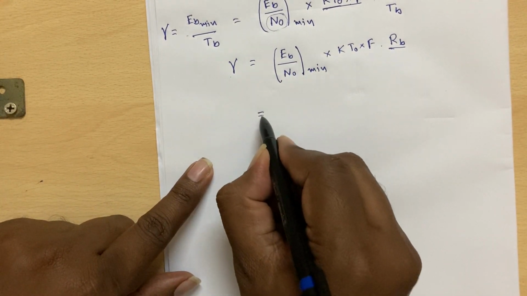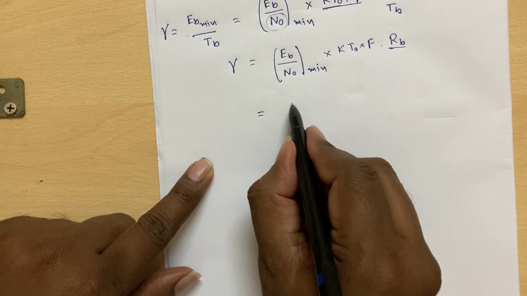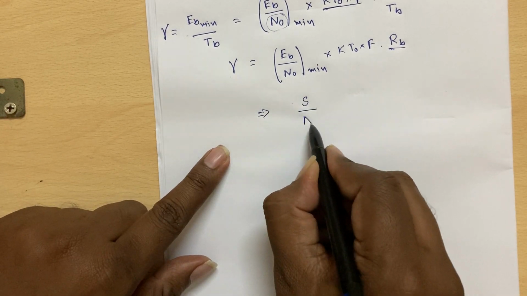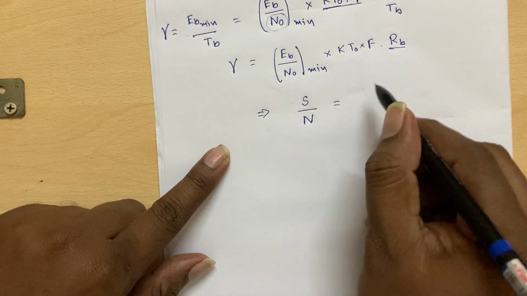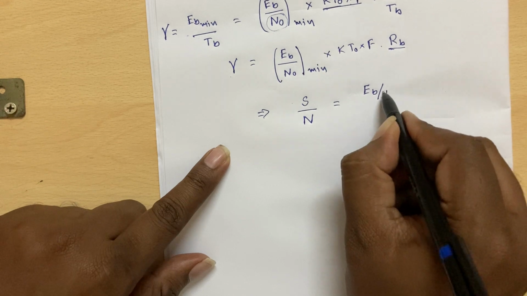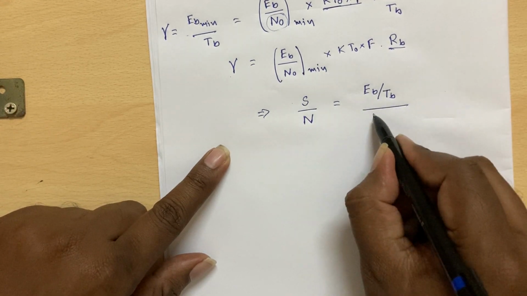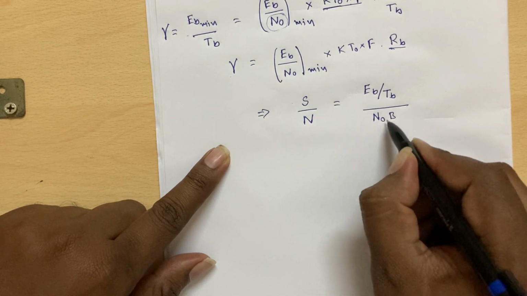Sometimes you also have to find the receiver sensitivity in terms of minimum SNR required. So we will first identify what is the SNR and what is the Eb by N naught. So SNR can be written in terms of Eb by N naught. So it is signal power, right? Signal power can be written as bit energy by bit duration, which is the signal power. And noise power is N naught into B, the noise spectral density into bandwidth.